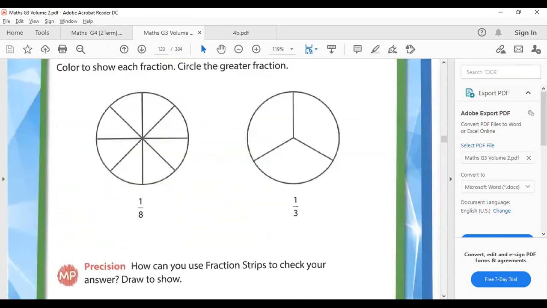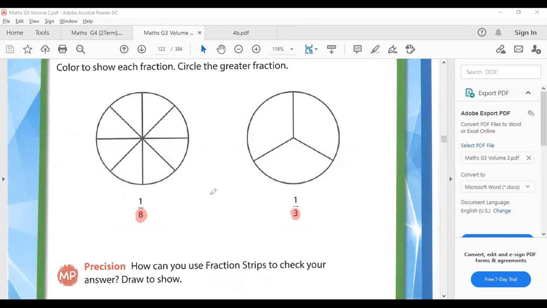Okay, if you have two cakes like this, two circles like this, and you divided the first circle or the first cake into 8 equal parts, you have maybe 8 persons. You need to divide the cake among them, and the second cake you only have 3 equal parts.